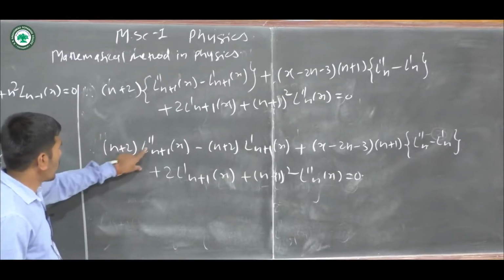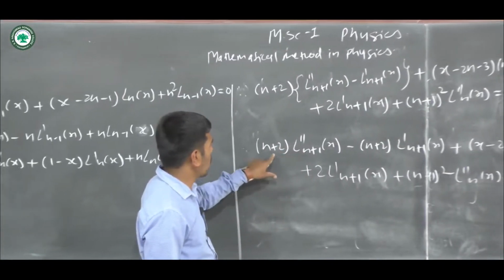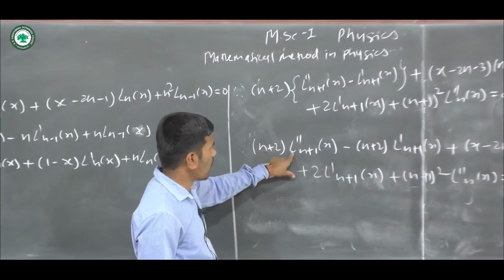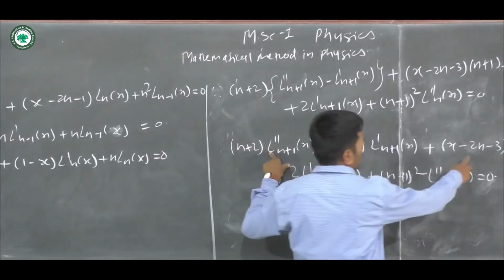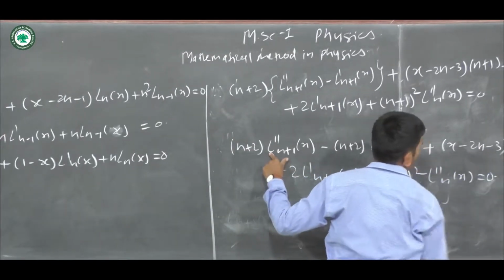So here is an L double prime n plus 1, and n into L double prime, so here is a 2n and this L double prime, okay.